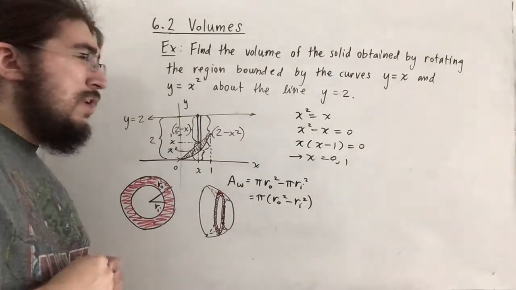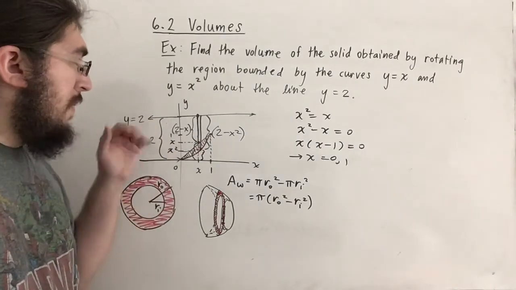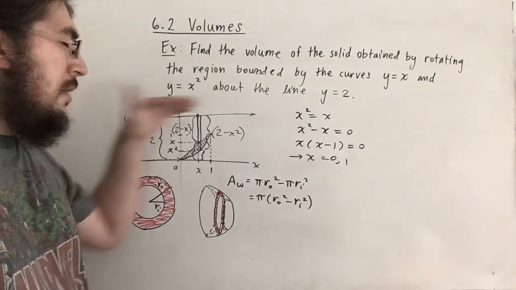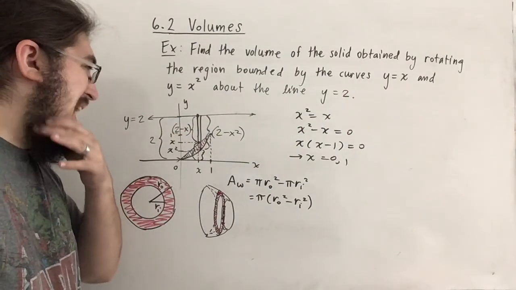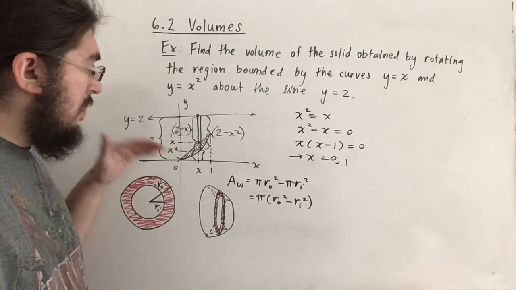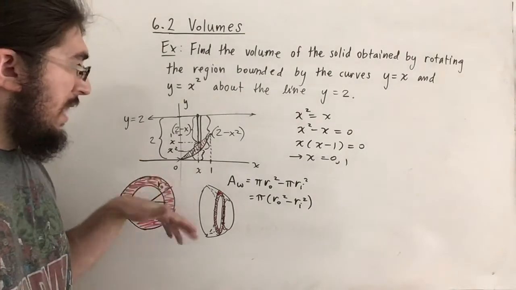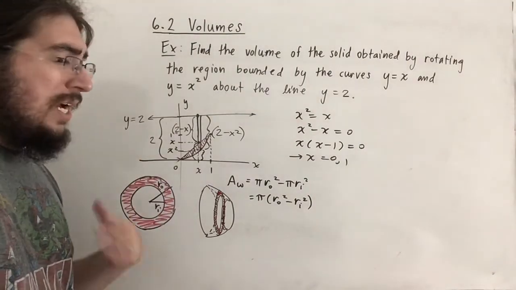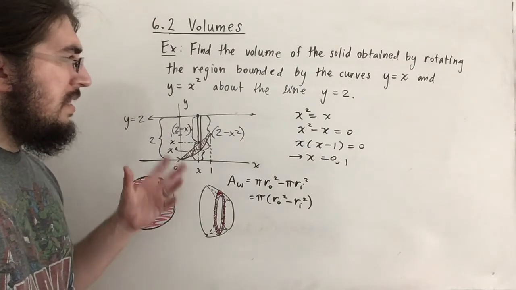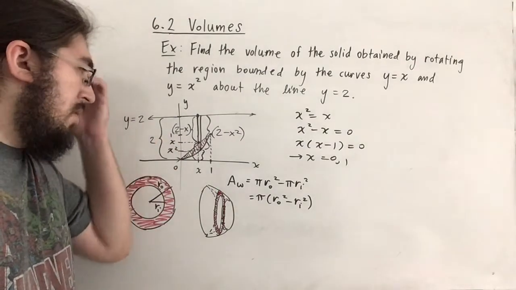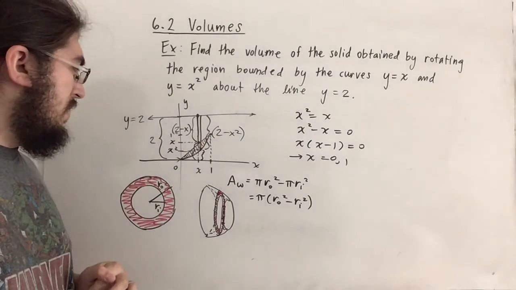So really for any line, it's going to be whatever your y value is equal to, subtracted from that. But not entirely though. If it was y equals negative 2, then things would be reversed and we'd actually have to add 2 to that. So you have to be a little careful sometimes. But I think this still works though. So now I think, let me just keep thinking here.